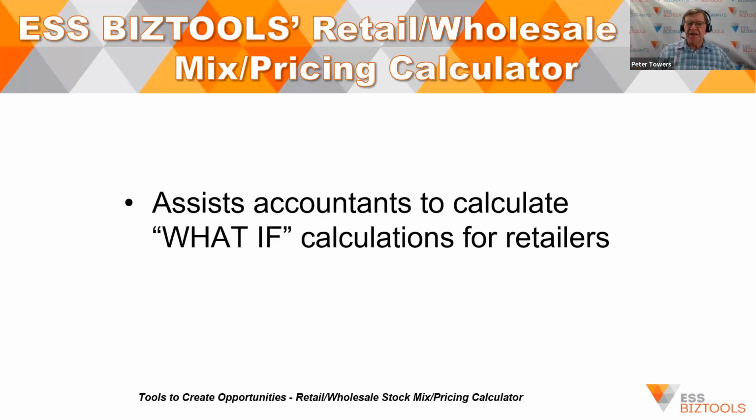We've developed a calculator to assist accountants to calculate what-if calculations for your retailers. I was the chief financial officer in a listed public company that had about 250 or 300 retail outlets in various parts of Australia. And so I had some experience in using an approach like this to help managers determine what they could do within their store.